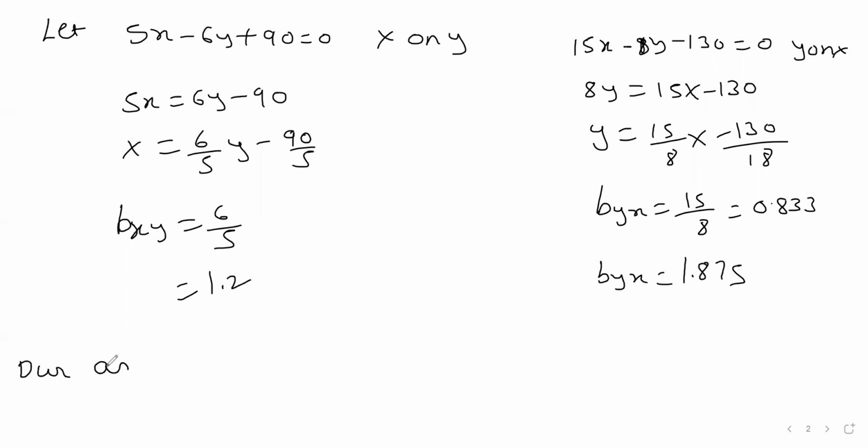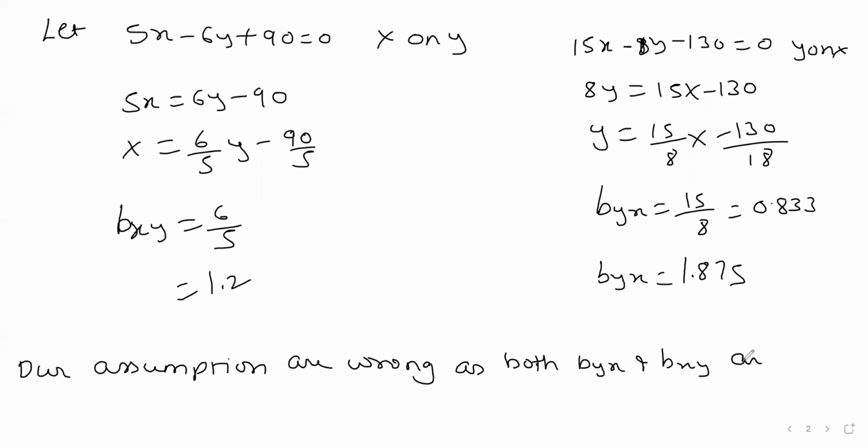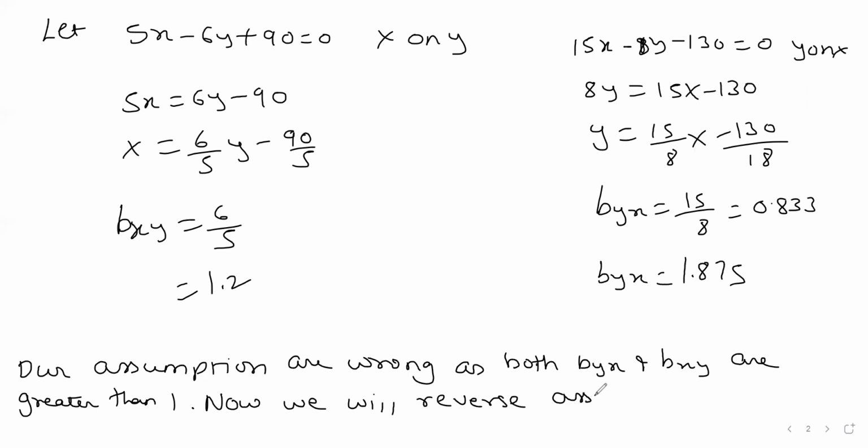You will write down that our assumptions are wrong, as both byx and bxy are greater than 1. So now we will reverse the assumption. So we'll say that this is y on x and this is x on y.